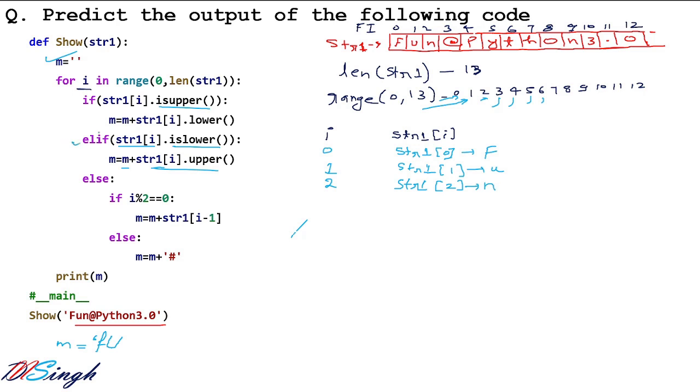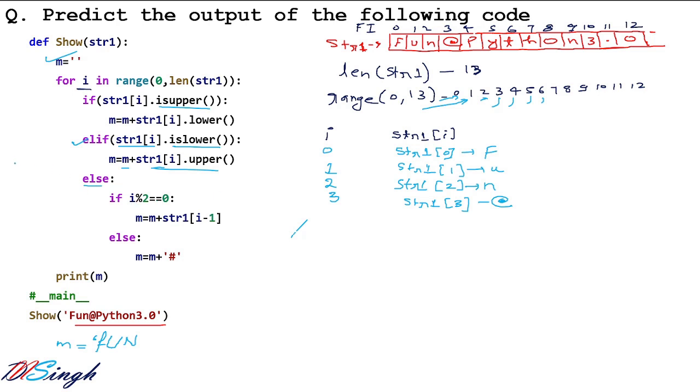That again matches the elif case, and n will be converted into capital and concatenated to m. Then in the next iteration the i value will be 3, and we will have str1 of 3. So the value at index 3 will be what? After n you will have the at the rate, which will not match uppercase or lowercase because it is a special symbol. So it will go to the else part. In the else part, i mod 2.